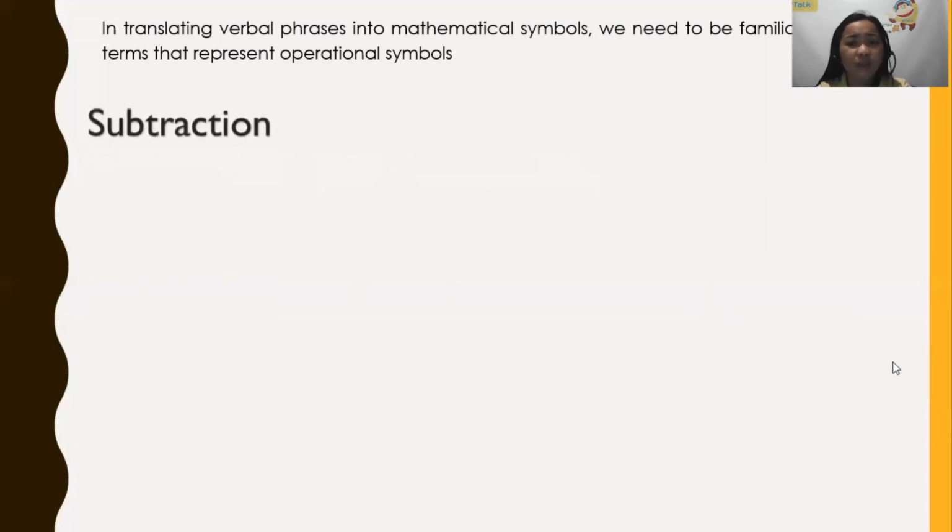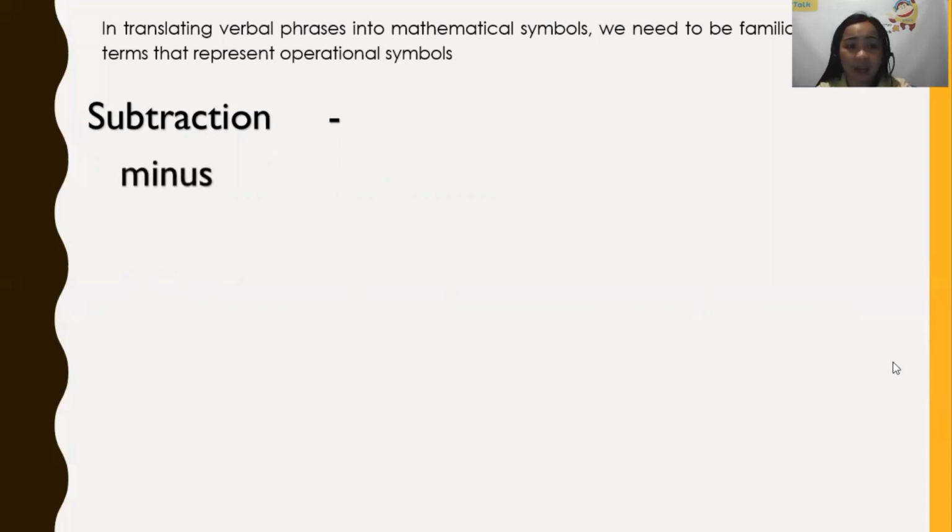How about if we have subtraction? What symbol are we going to use? We are going to use this symbol. And what are the terms that represent subtraction?